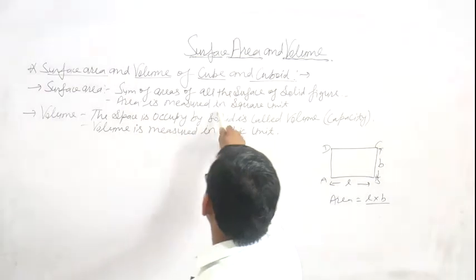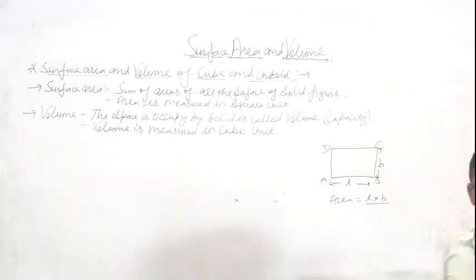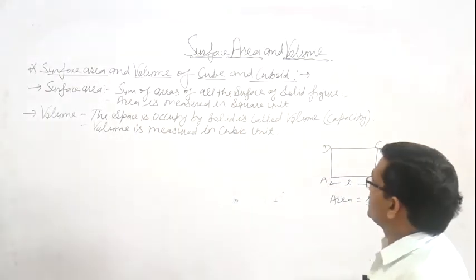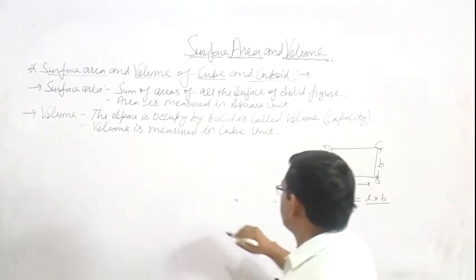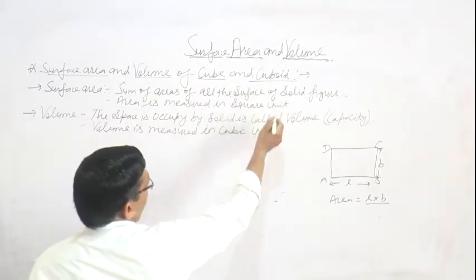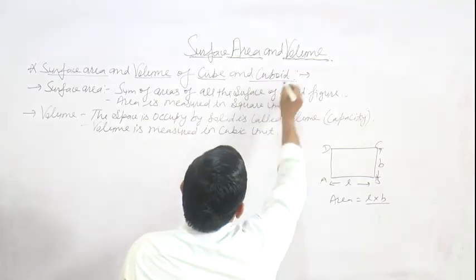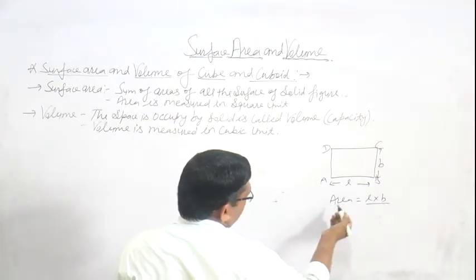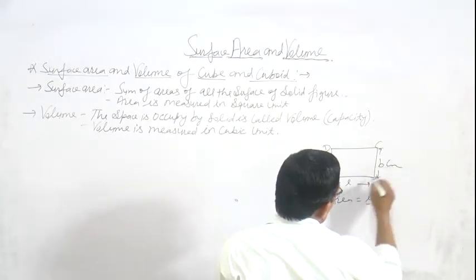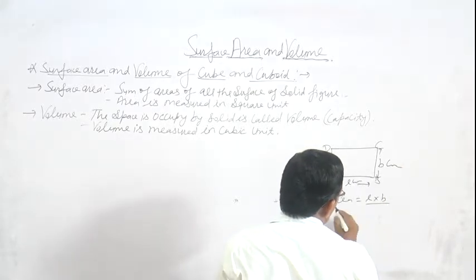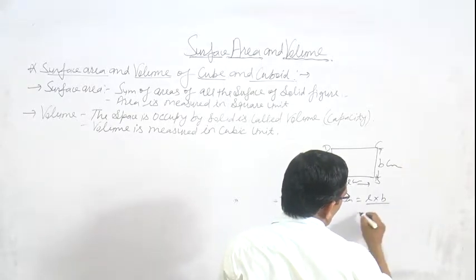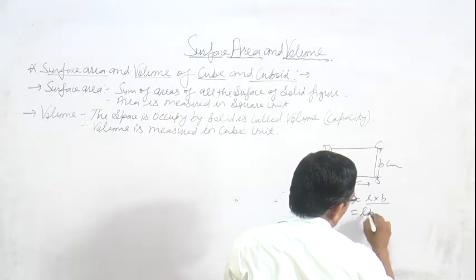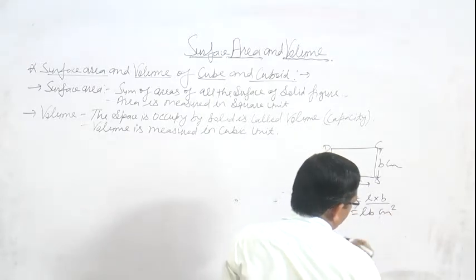Area is measured in square unit. If length and breadth are in centimeter, suppose L centimeter and B centimeter, then area is equal to L into B. It means LB centimeter square.